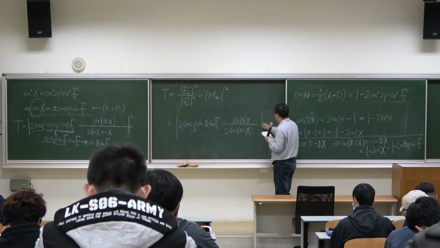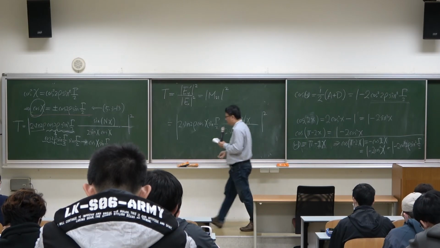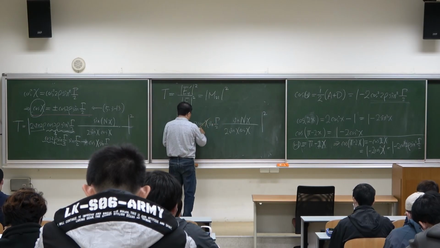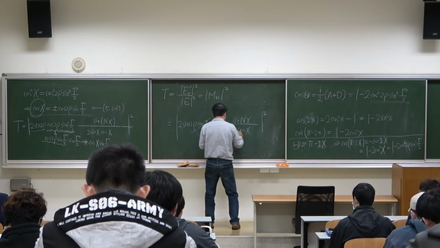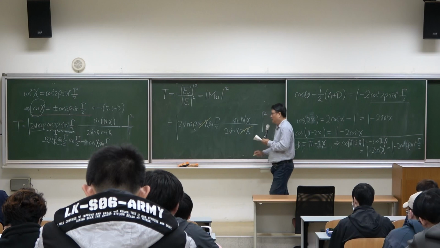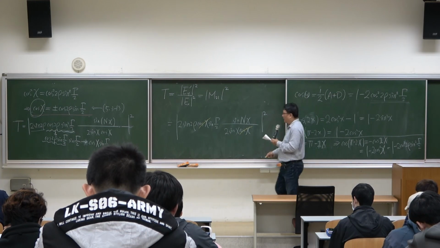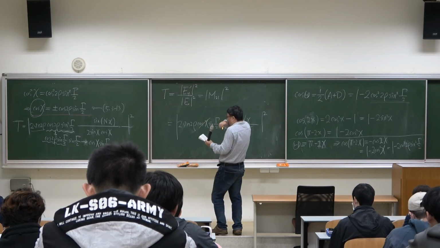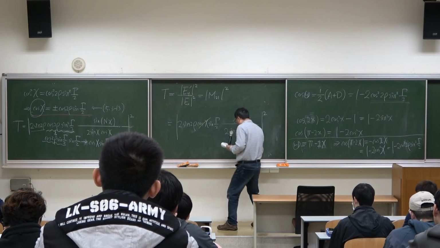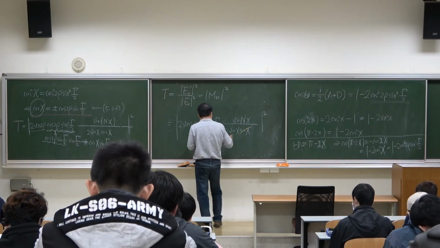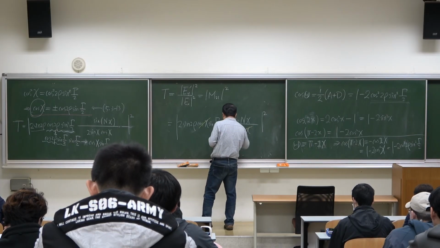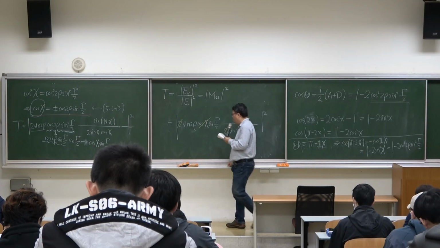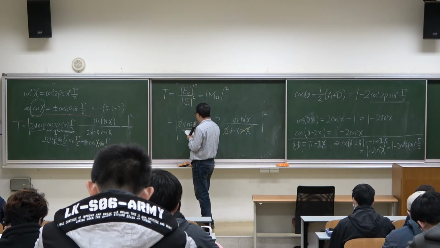And here cosine chi cancels with cosine chi, and the 2 cancels with 2. However, here we have sine 2 rho.